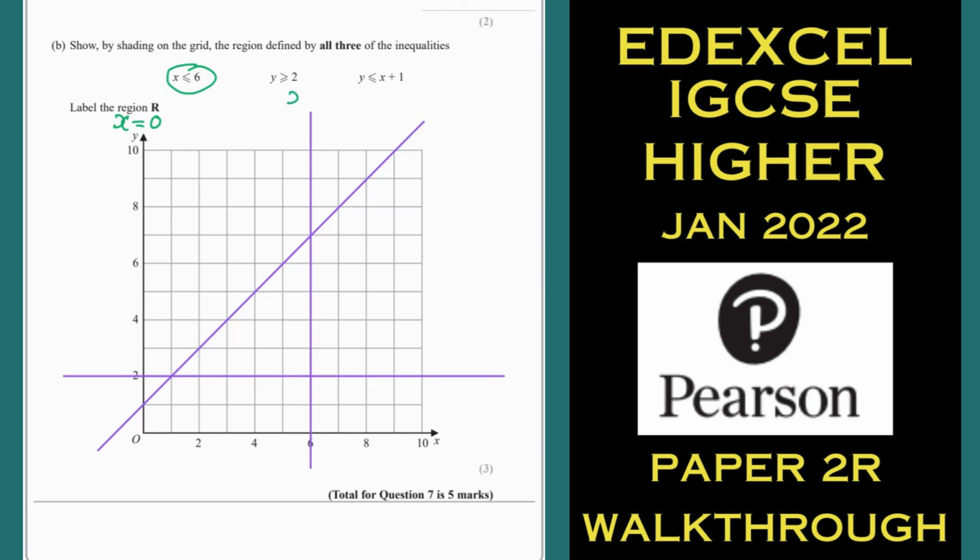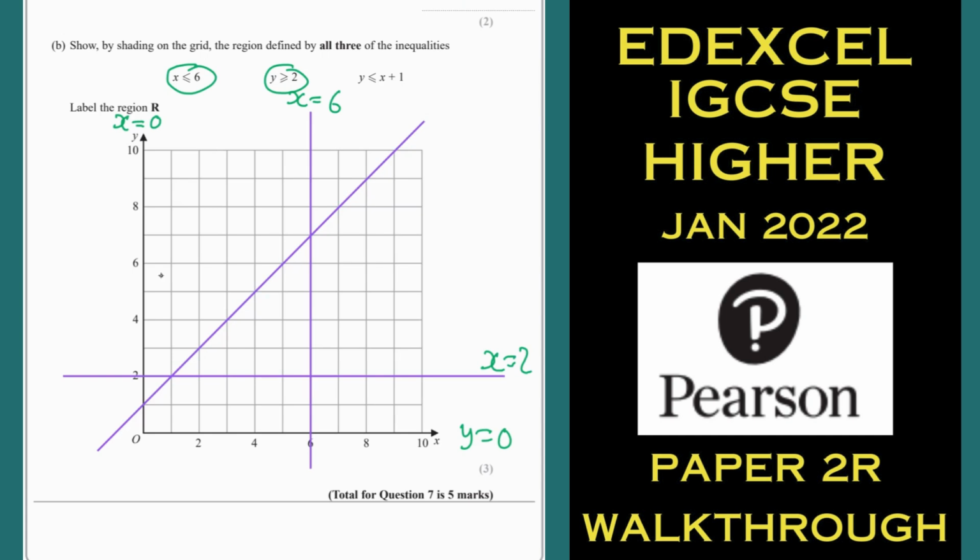So x equals a number is a vertical line through that number. Same logic for y equals 2. Another name for the x-axis is y equals 0. So y equals 2 goes through 2 and it's horizontal.